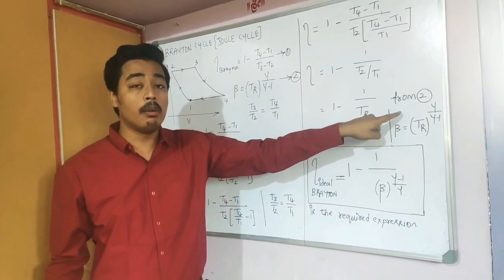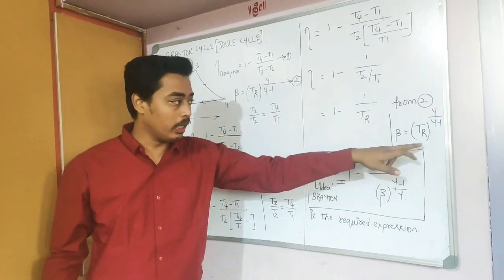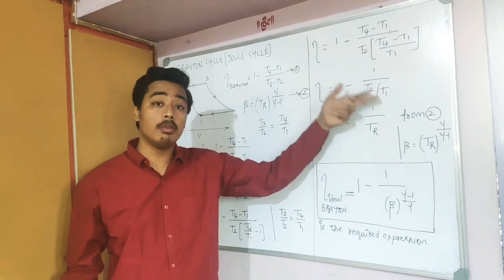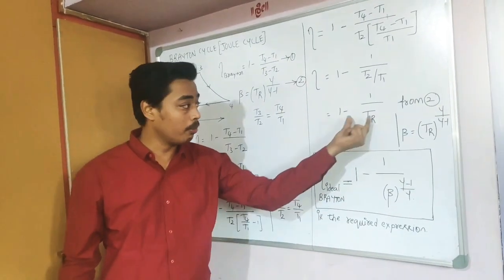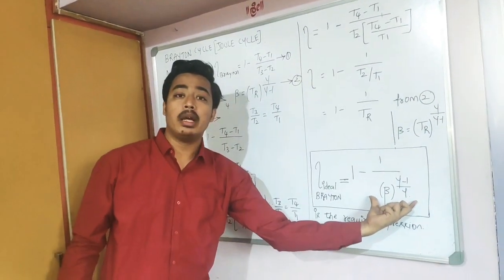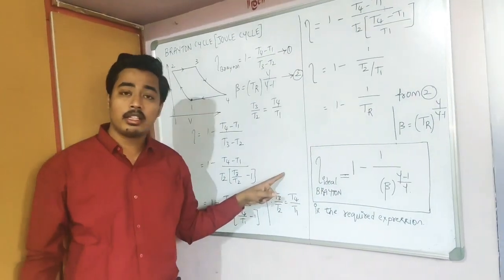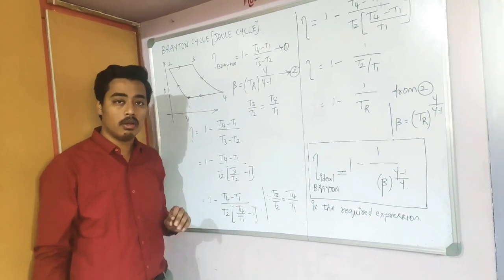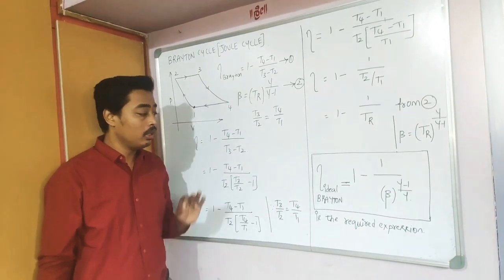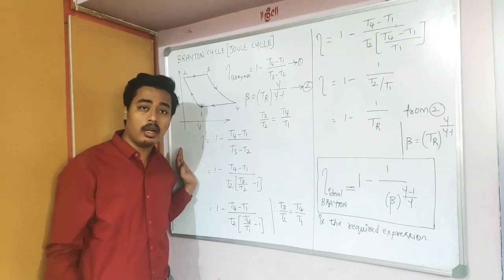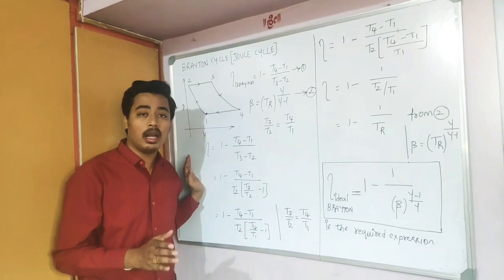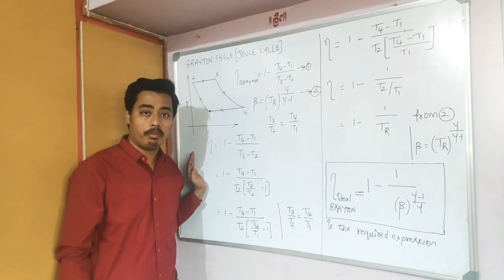So it will be gamma minus 1 by gamma. So TR would be equal to beta whole to the power of gamma minus 1 by gamma. So replacing TR with beta whole to the power of gamma minus 1 by gamma, you will get the final expression for the thermal efficiency of an ideal Brayton cycle. Listen, this is very, very important, and it has been asked many times in your previous exam question papers.